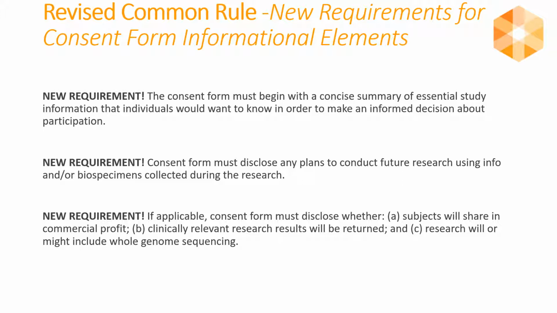So the new elements that are also added to the informed consent form are required for all studies. In the statement about whether participants' information or biospecimens might or will not be stripped of identifiers and used for future research must be included in all new consent form templates.